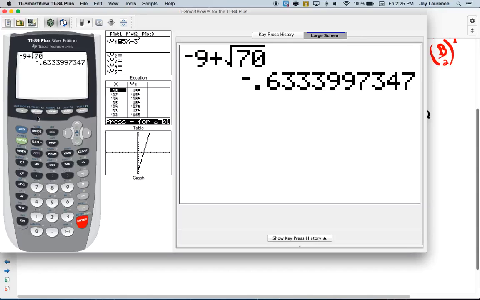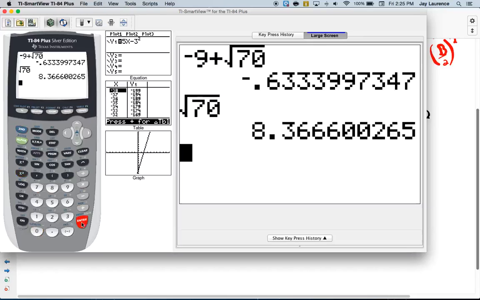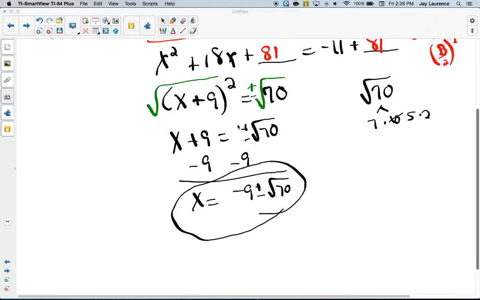Okay, so it's getting pretty close to 9. So the rad of 70 ended up being 8 4/10 approximately. Remember, there is no rad of 70. And so when I combine that with a -9, I get approximately 6/10 or 63/100 or something like that. But that's only if you're going for the decimal approximation. Okay, and then of course I would do -9 minus the rad of 70.